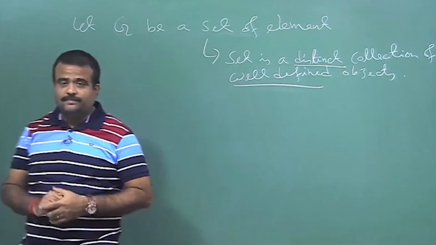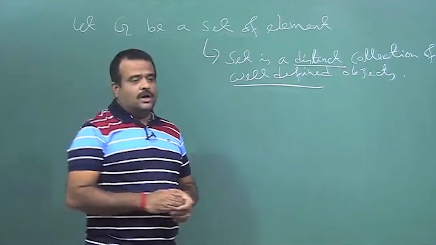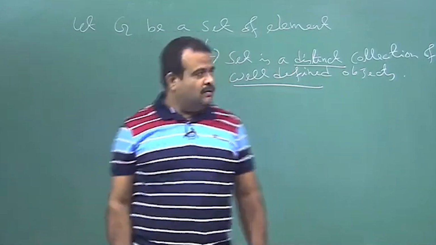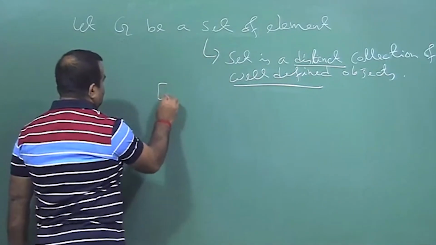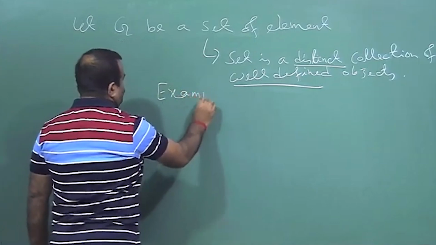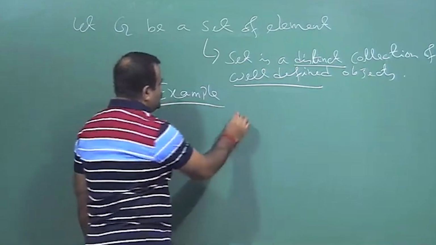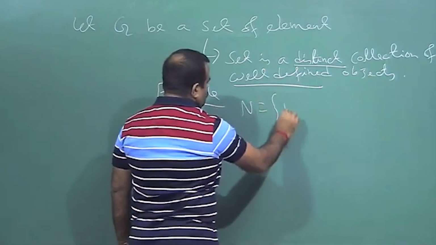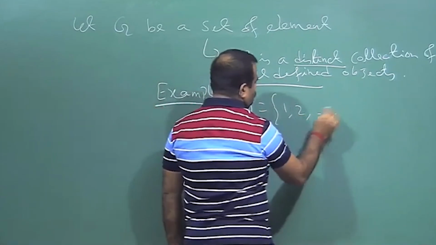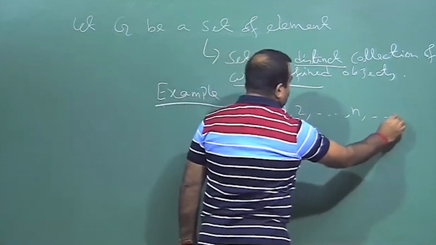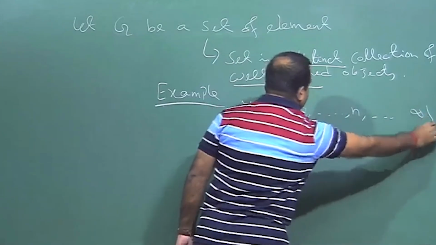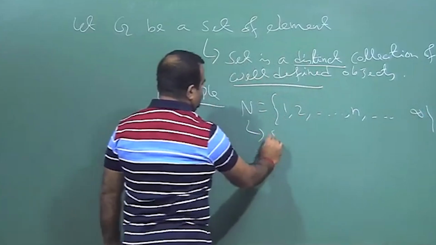This type of answer should not be there. Okay, some example of set is, say, set of natural numbers 1, 2, 3 up to infinity. This is the set of natural numbers.